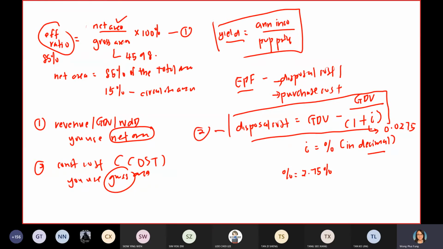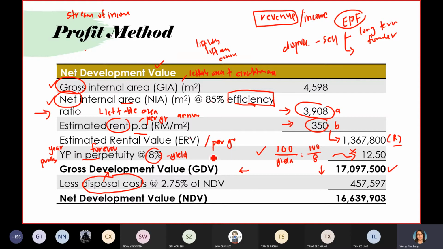Okay, so this is the second formula. Go back. Here you will see that we're assuming 2.75% of NDV. It's not GDV. If it were 2.75% of GDV, you would just multiply this value by 2.75%. But we are assuming the other way round, 2.75% of NDV.